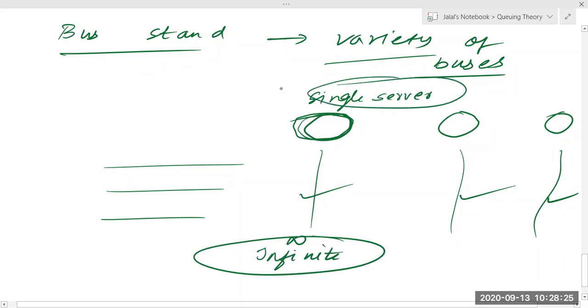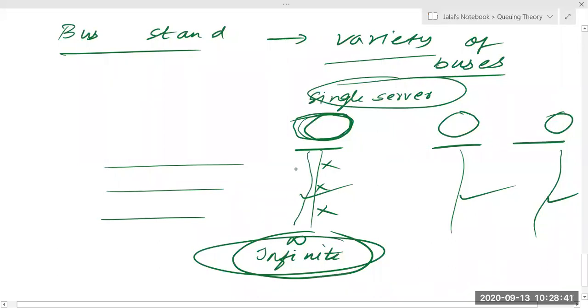If you want to understand the concept of multiple server infinite queue length, it's very important that the customers in this queue can go to any server. If he is bound to follow his line, then you can't say that he is using multiple servers. Such a railway reservation counter won't be called multiple server infinite queue length.